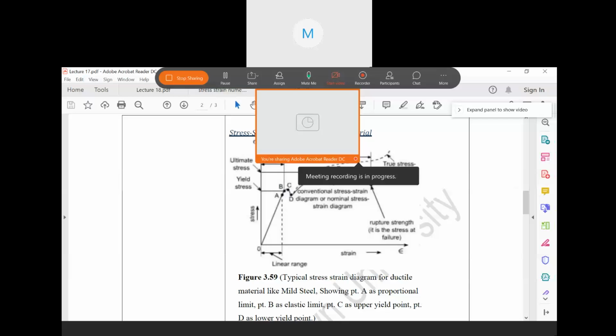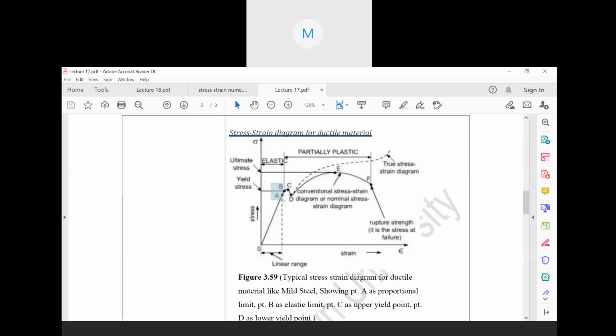Sir, from A to B, will the proportionality limit change or not? So you are talking about this figure? What do you want from point A and point B?